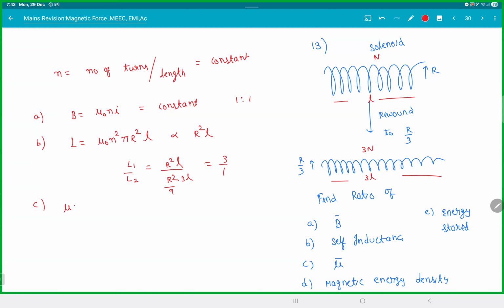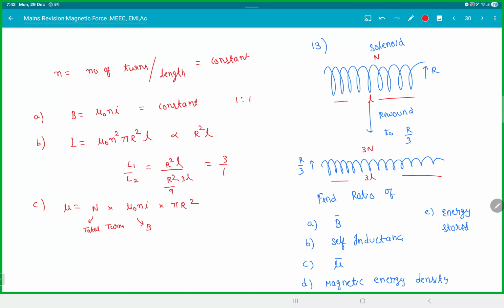Magnetic moment will be total number of turns, that is capital N, into magnetic field, which is mu Ni, into area pi r square. That's your total flux. What am I finding? I think I'm finding flux, I guess. That's also a good question, right?